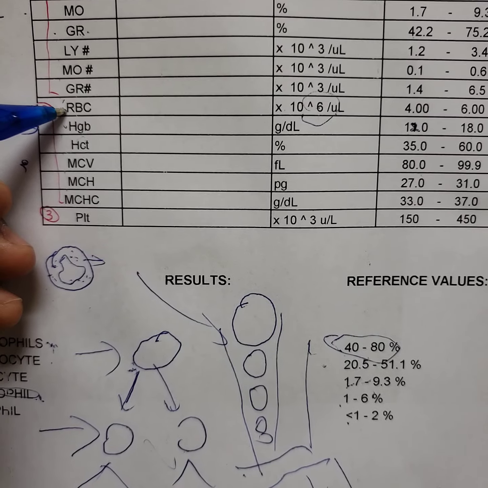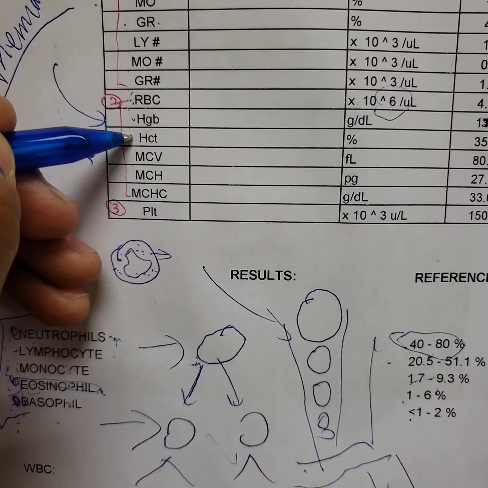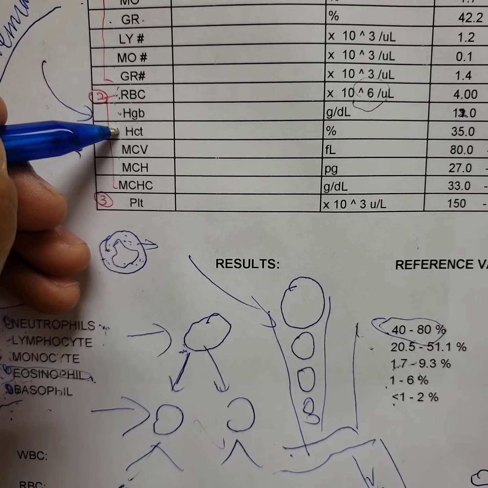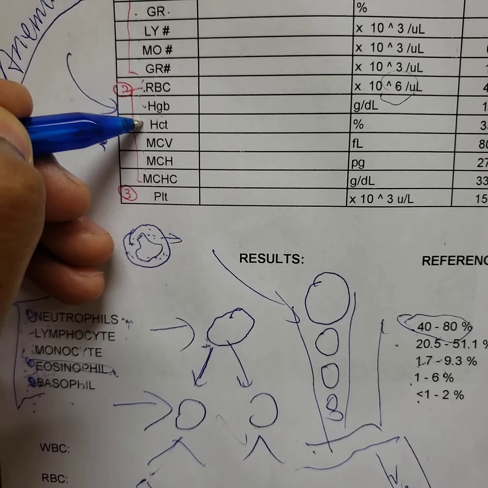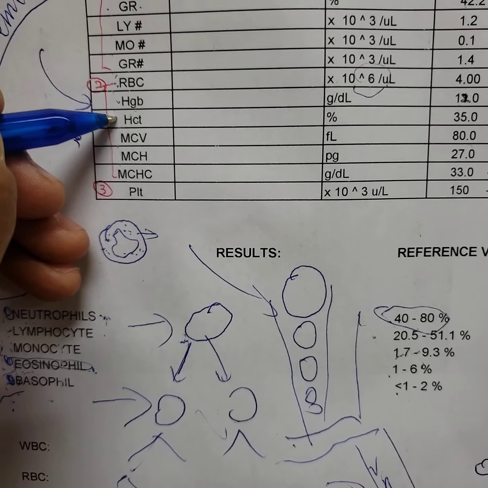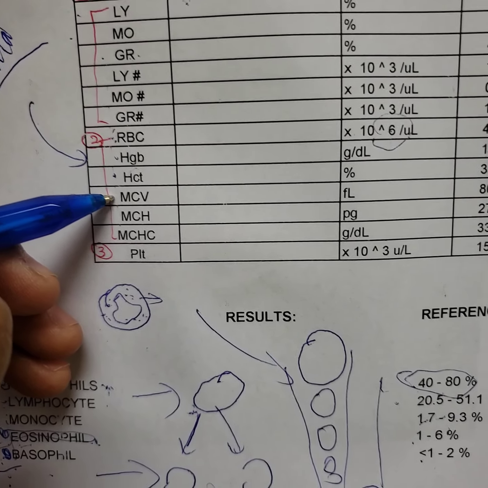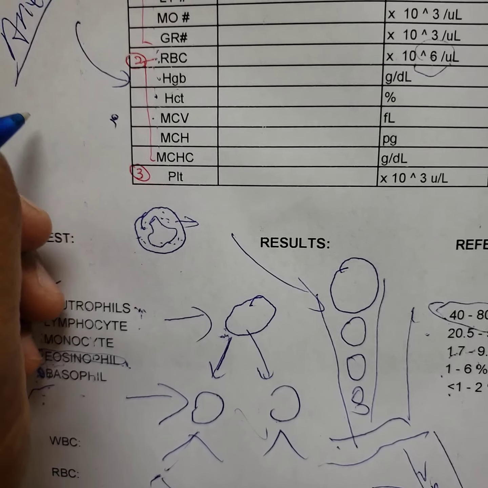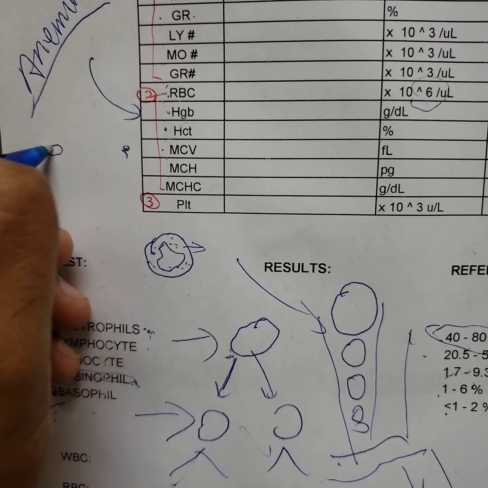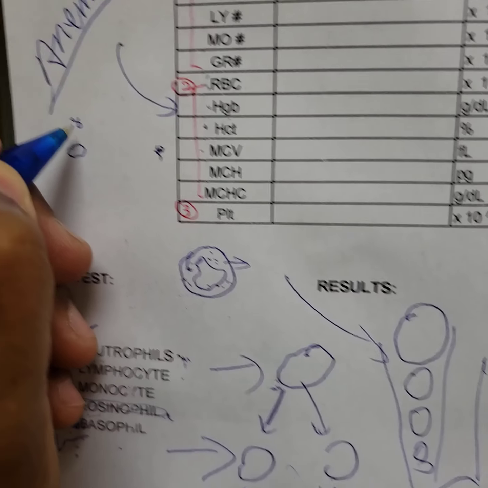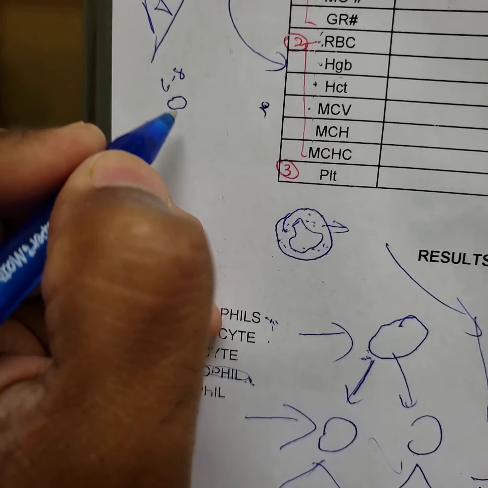Your hemoglobin is found in your red cell. Your HCT, which is called hematocrit, is also historically called your PCV, your packed cell volume. Your MCV is your mean corpuscular volume, which is the size of your red cell. In your bone marrow, your red cell is supposed to be 6 to 8 micrometers big.